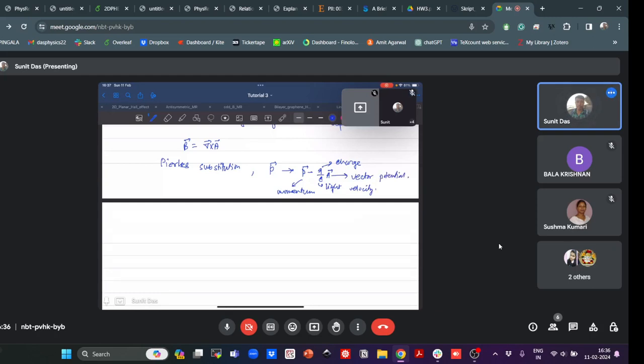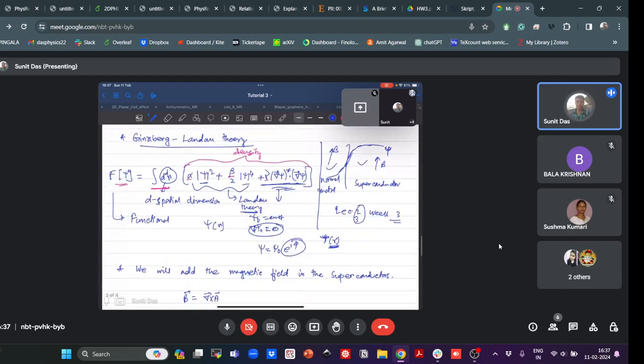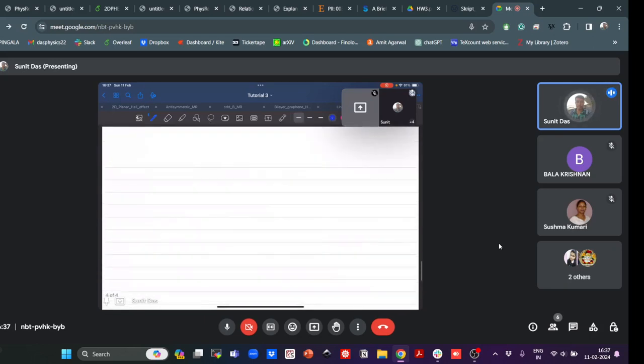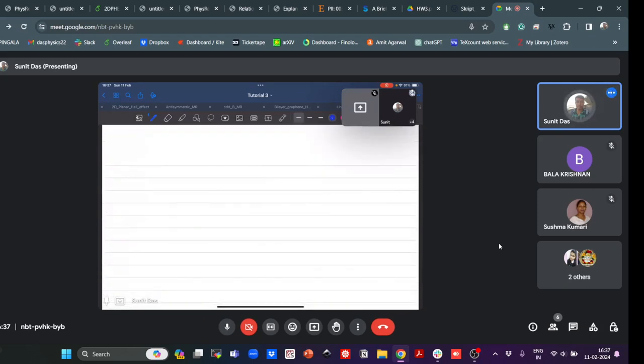Okay. So now you want to add the magnetic field in this free energy functional. So how do we add it? I will write this and then explain. This is an approximation.